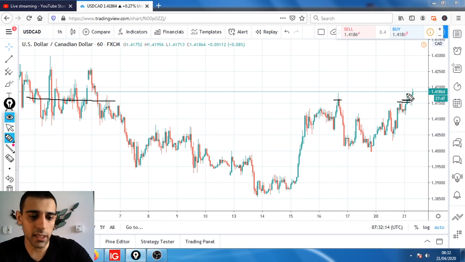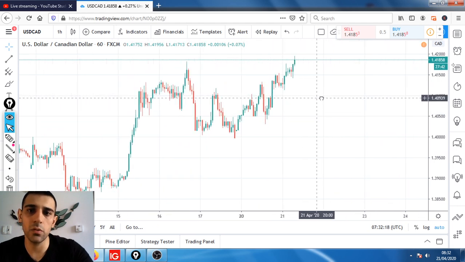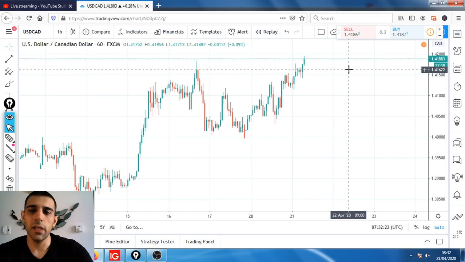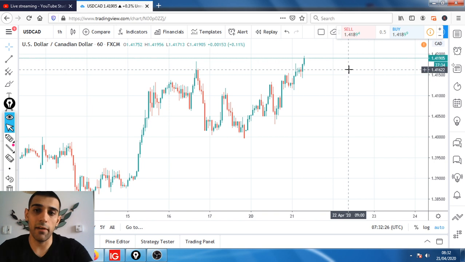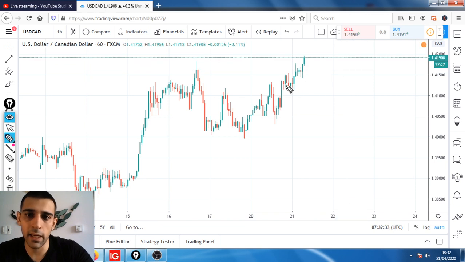The only concern is it's a bit far away for short-term trading, so it might take a couple of hours if the price decides to retrace down that far. If it does, we do not want to see strong bearish candles. Something like this one is a definite no-no.